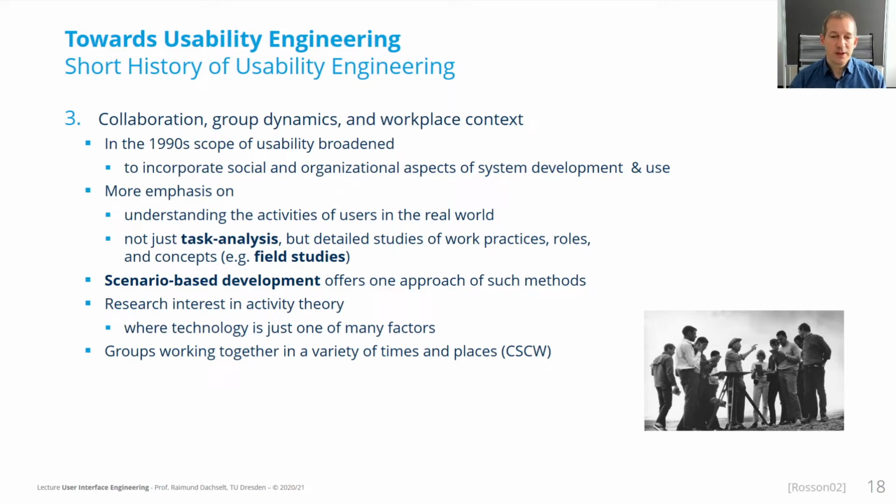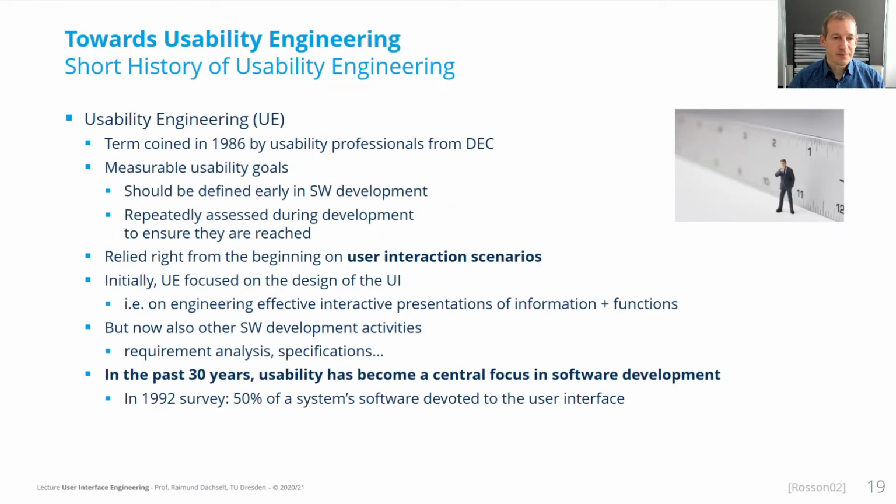And the term computer-supported collaborative work was developed, which is basically the origin of things like Google Docs we have today, or ShareLaTeX or Overleaf, all these ways of collaboratively editing a document. That has its origins back in the 1990s, where people first thought that an interface is not just operated by a single person anymore.